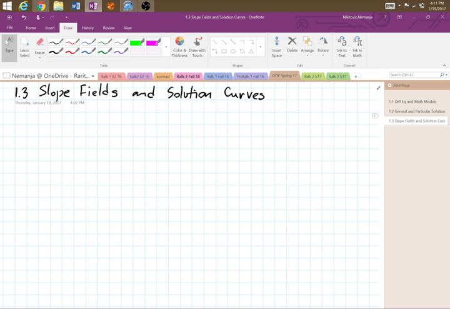Derivative is the function which generates slopes of the tangent line. So what I have here is some function f of x, f of t, whatever. And then I can find the derivative y prime as f prime of x.